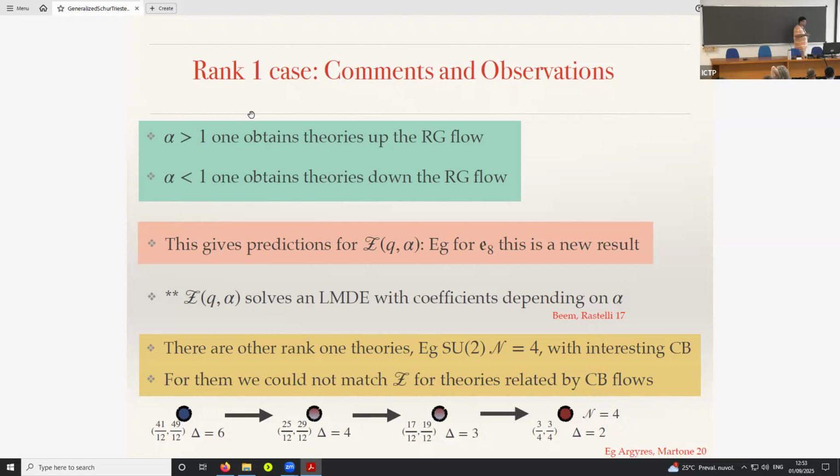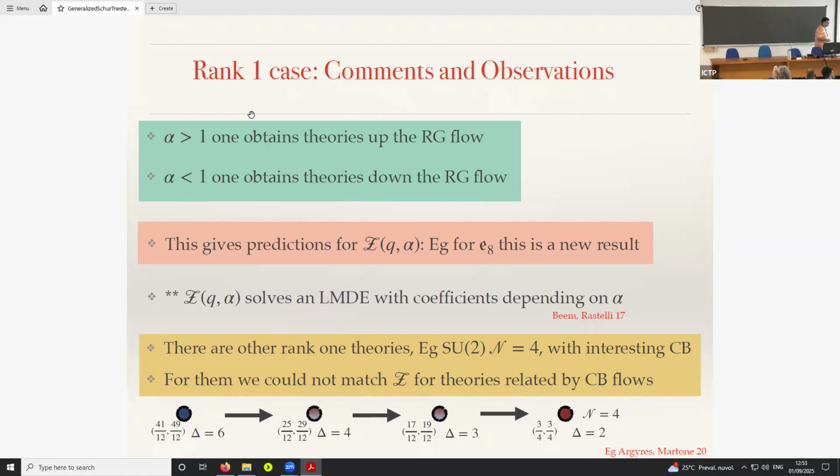In fact, this gives a vector valued modular form. The different entries of that vector valued modular form correspond to the index or the index in the presence of surface defects. And here, this generalized partition function solves that equation for any value of alpha. It's not clear why it does that, but that's what it does. And then, tuning this parameter alpha, you can go from SO8 to E6 to E7 and E8 and to the Argyres-Douglas theory.